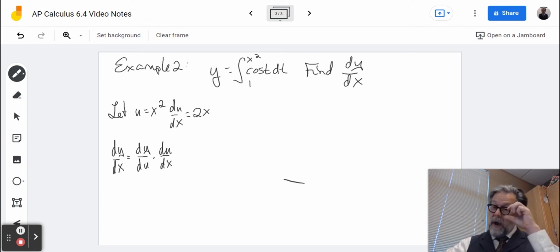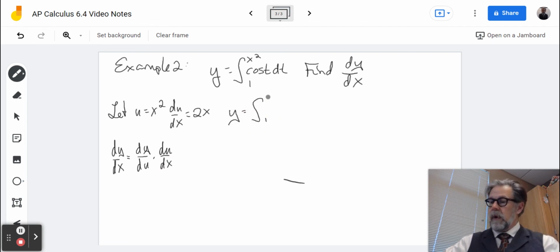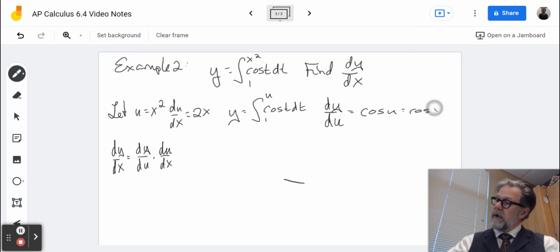So let's rewrite y as a function of u. y is equal to the integral from 1 to u of cosine t dt. And the derivative of y with respect to u is just cosine of u, which of course is equal to cosine of x squared.